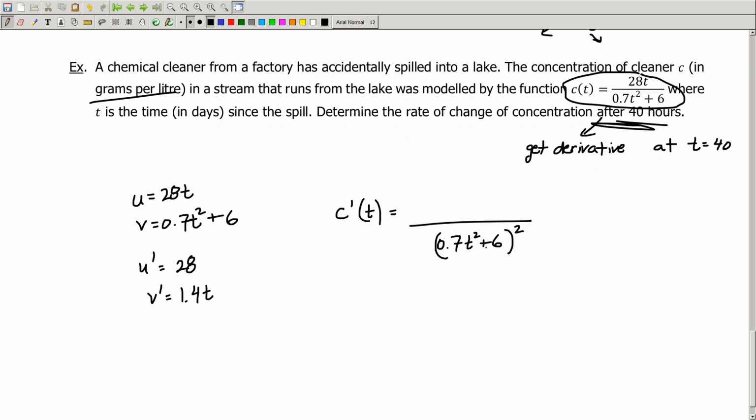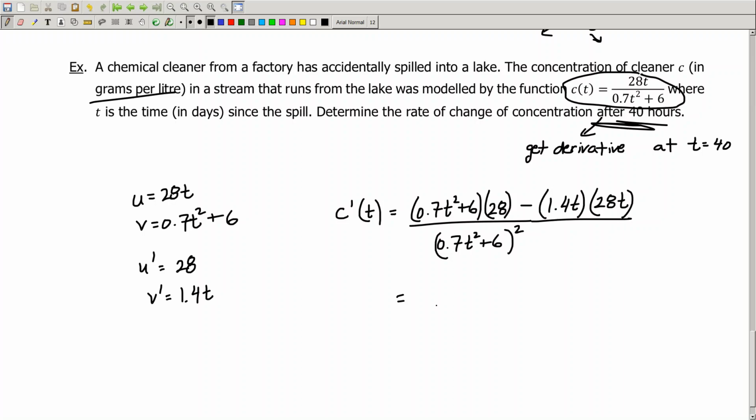So all of v squared. And then v comes out on top, and then u prime is 28. Minus, and then v prime is 1.4t, and then u is 28t.